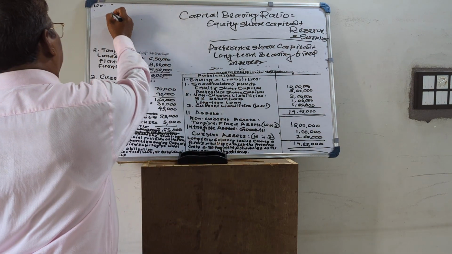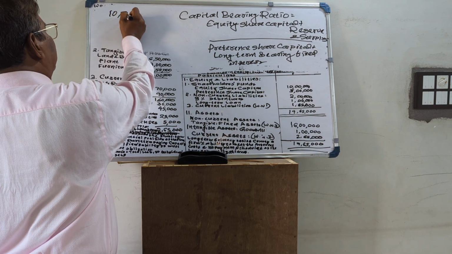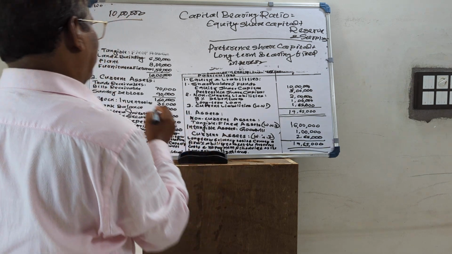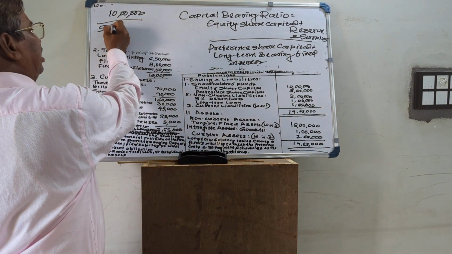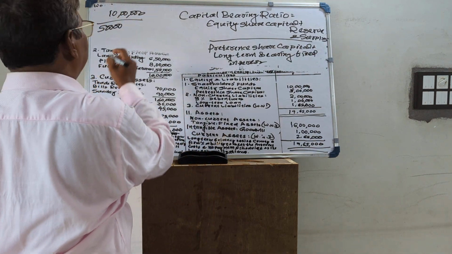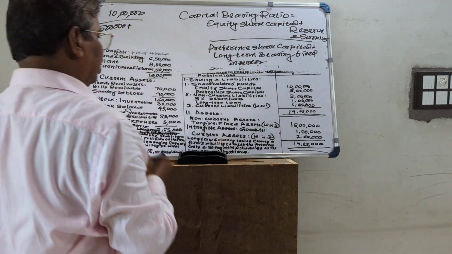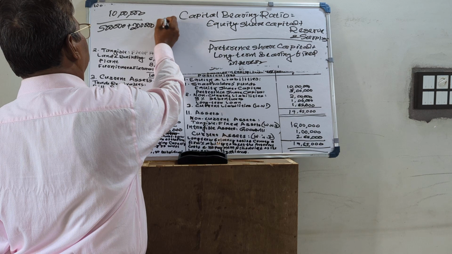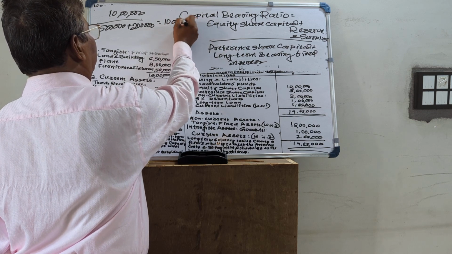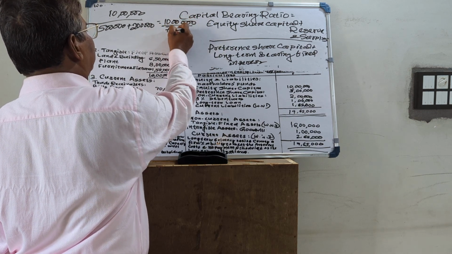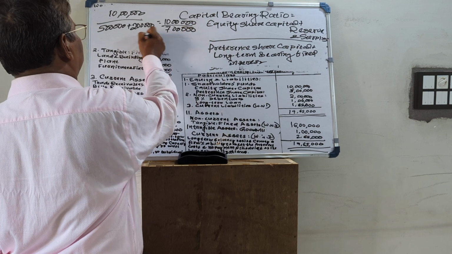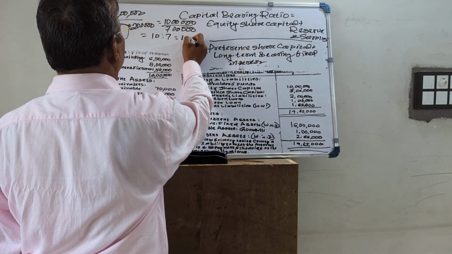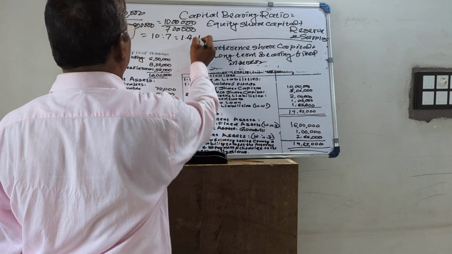Reserve surplus is not given, so it is 10 lakh divided by preference share capital of 5 lakh and 8% debenture, that is long-term bearing fixed interest debenture, of 2 lakh, so 7 lakh. 10 lakh divided by 7 lakh, that is 10:7, or 1.4:1.